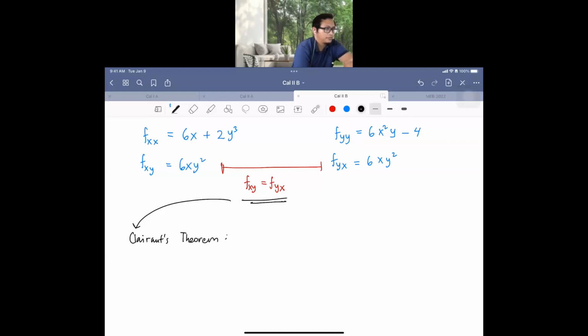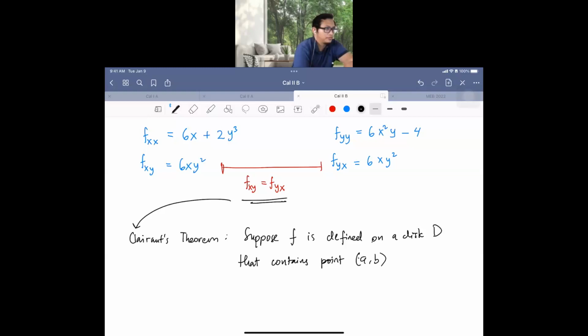Suppose f is defined on a disk D that contains the point (a, b).